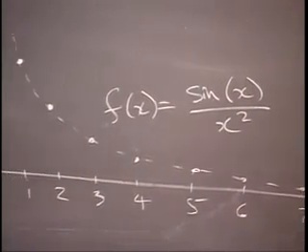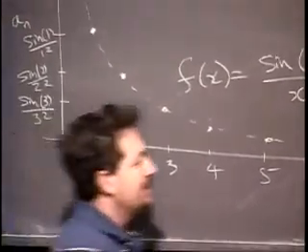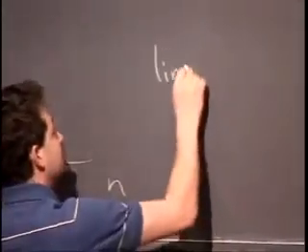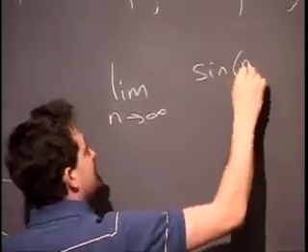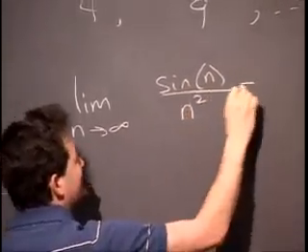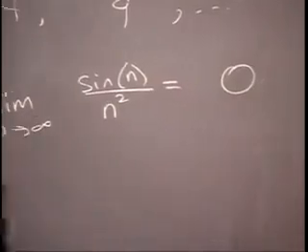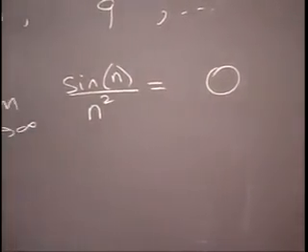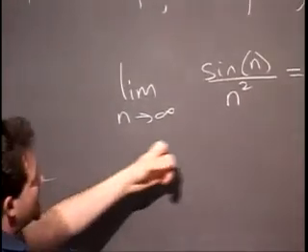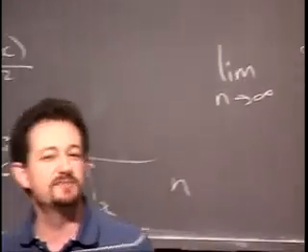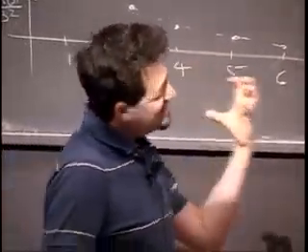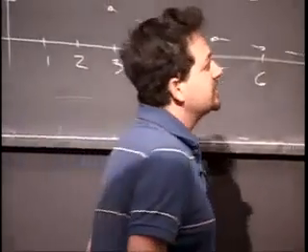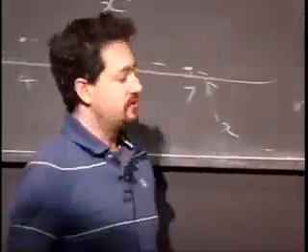Now, the whole point is we'd like to say the limit as n goes to infinity of sine n over n squared is equal to 0. What that means is when n is very large, the quantities sine n over n squared are very, very close to 0, and they stay there. They approach 0. They get arbitrarily close to 0.